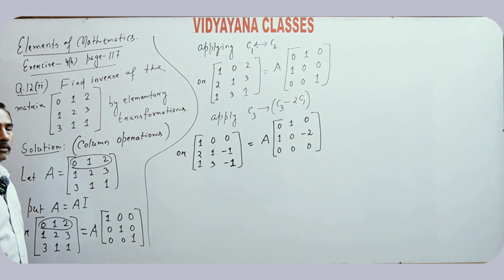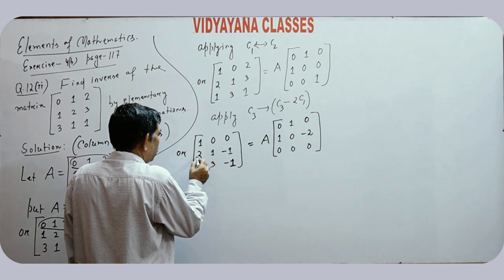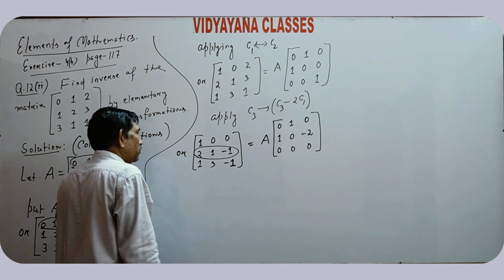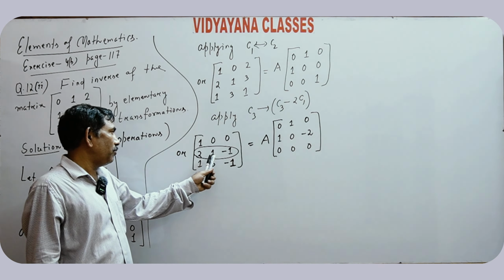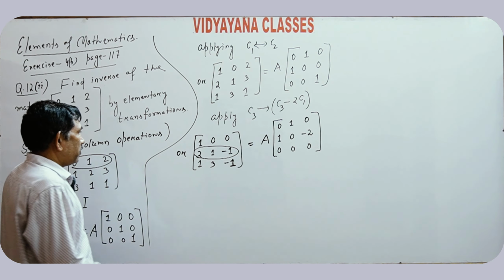Clear? Okay. Next, we will change the elements of row 2 as 0 1 0 using column operation.